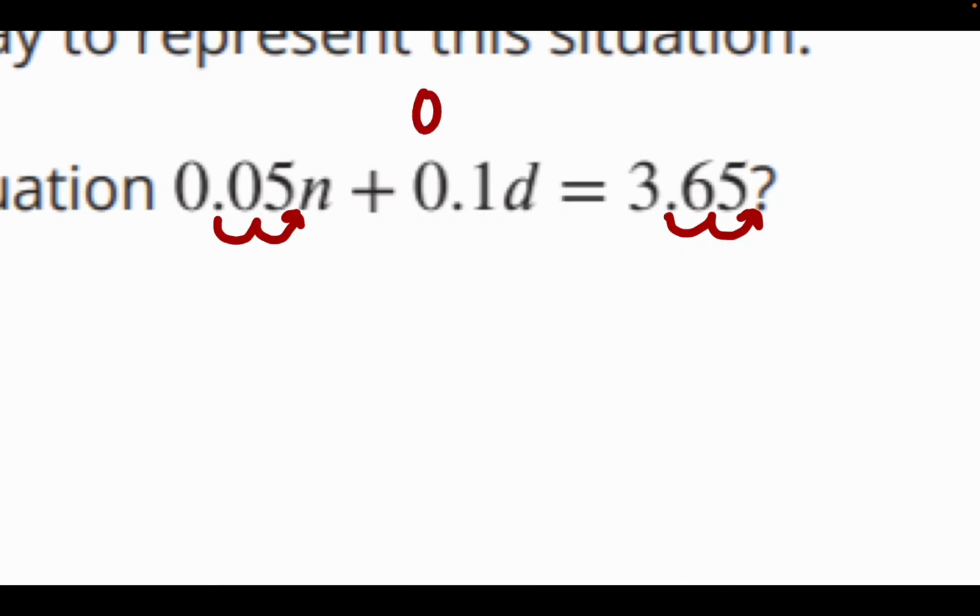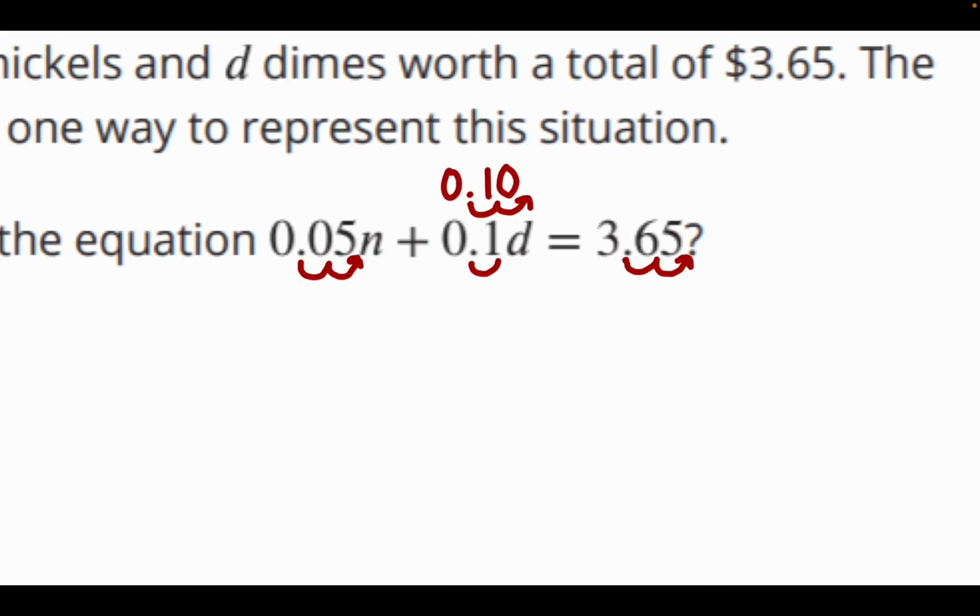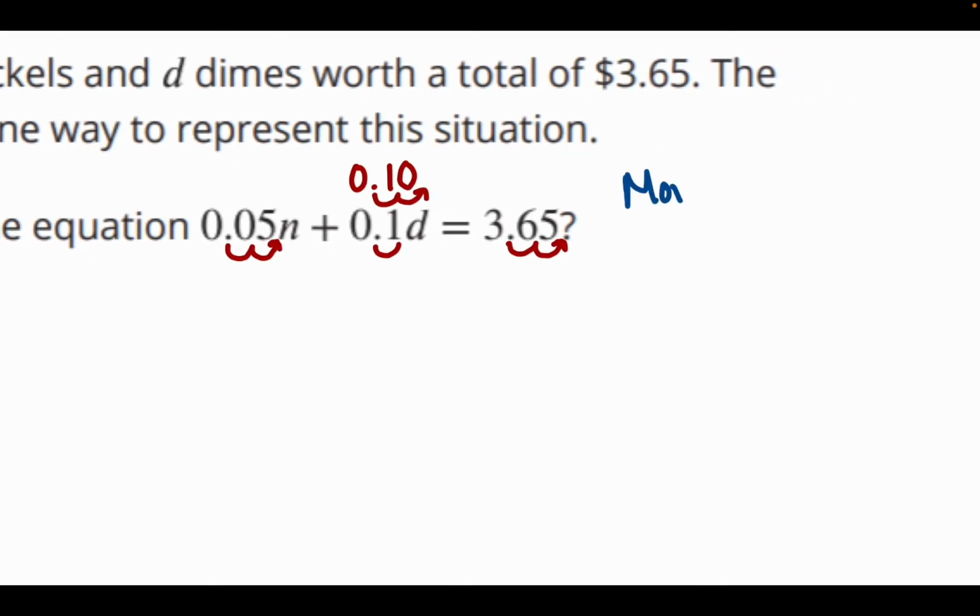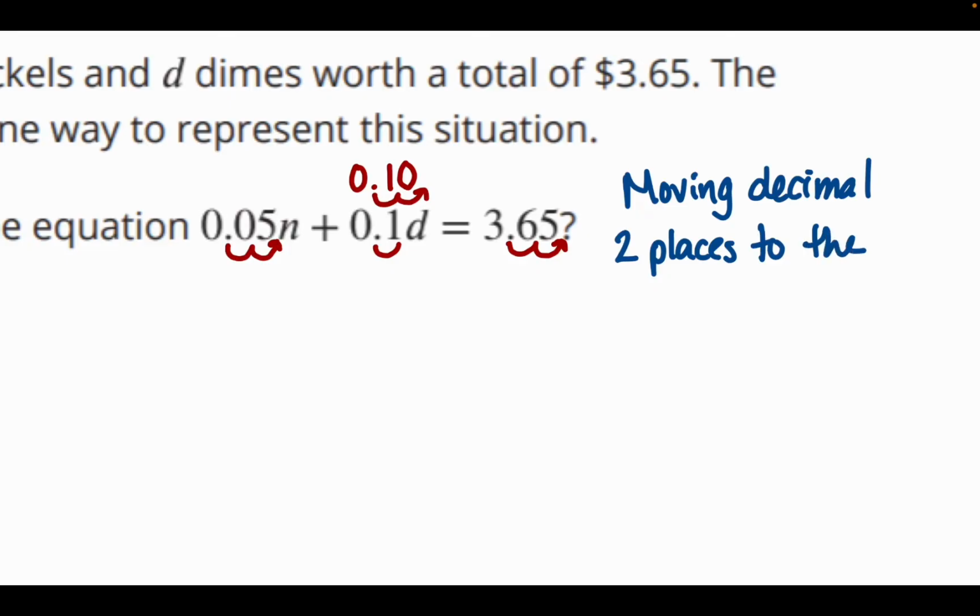So if I'm going to do that same thing to 0.1, I don't have any numbers on the end of the 1, but anytime it cuts off, you can always just assume that there are zeros afterwards. So 0.1, if I need a second number there so I can move things two places, I can put a 0 and land my decimal point there. If I'm moving my decimal two places to the right, that is the same as multiplying by 100.